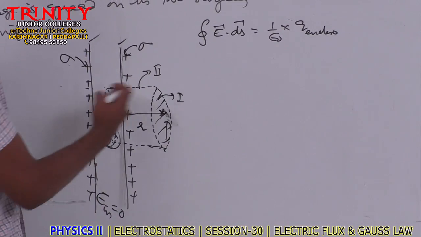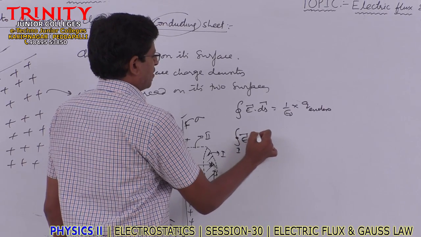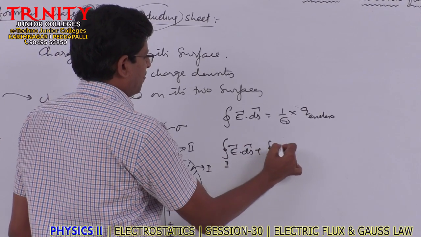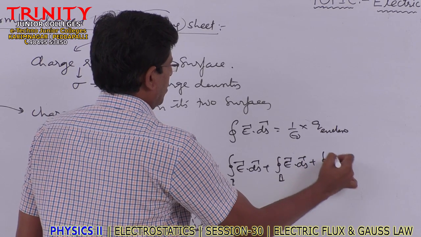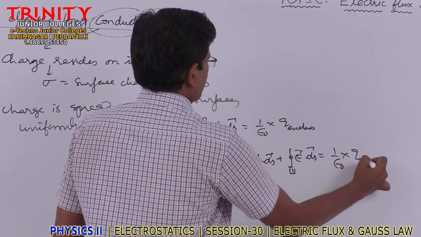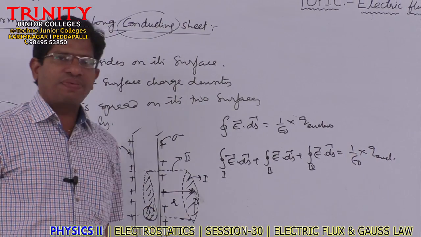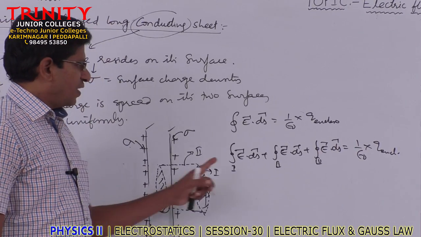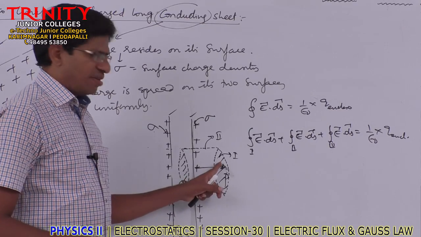So E dot ds on the various surfaces, let me integrate on the first surface, on the second surface, and on the third surface as well. Then you have to think on which surfaces it will vanish and where it survives.